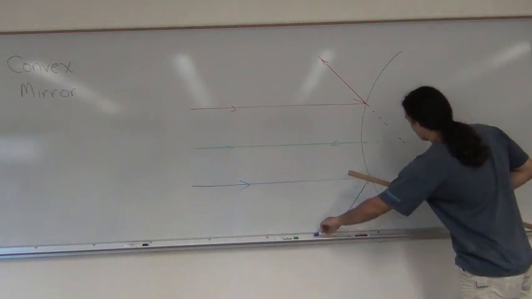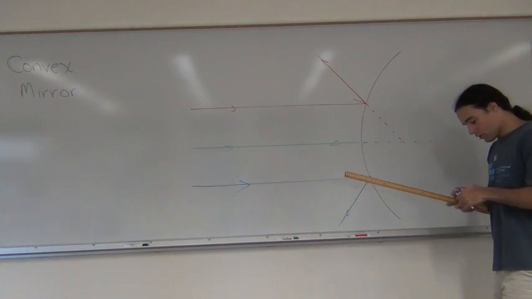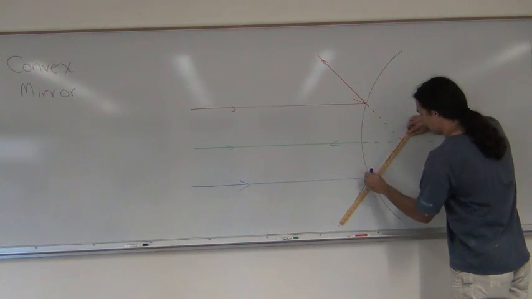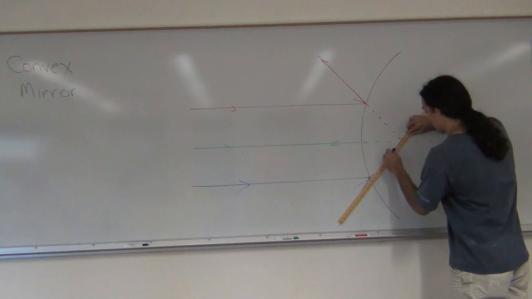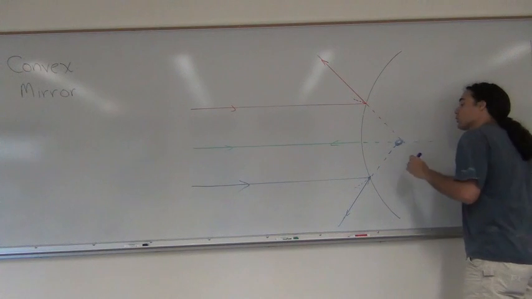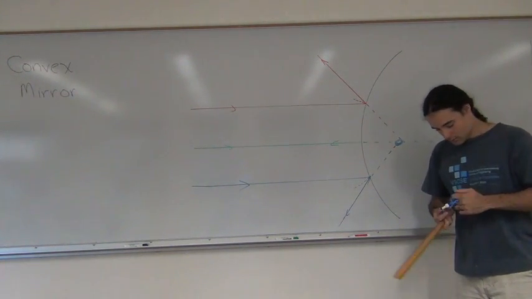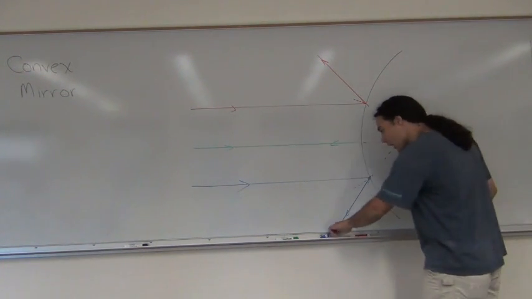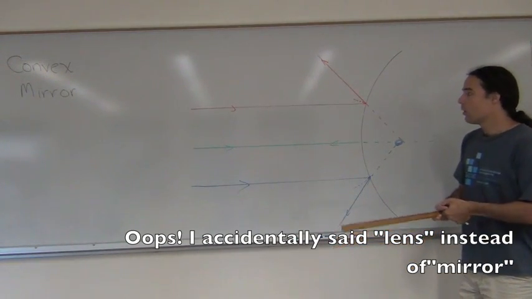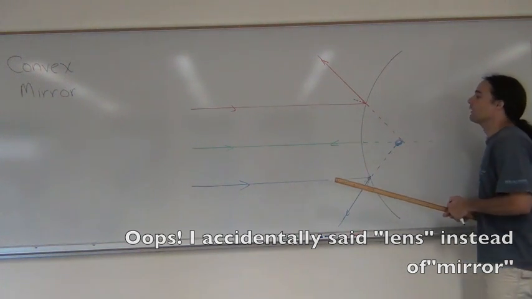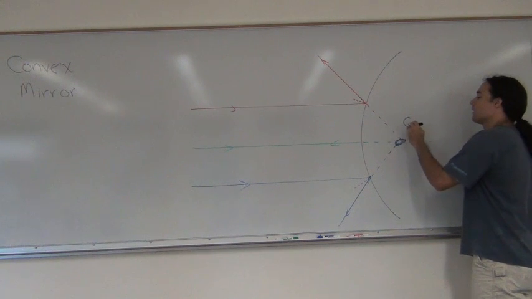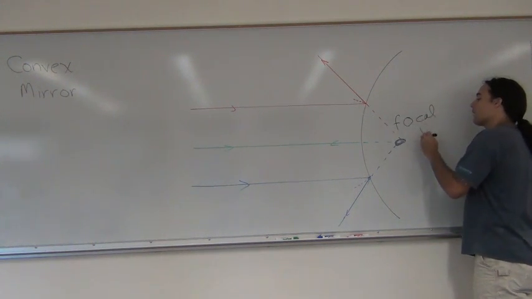And if you've drawn this correctly, if you've drawn it to scale, which I almost certainly have not, you will find that your red, your green, and your blue all intersect at the same point. So for a convex lens, what you find is that your focal point, this point right here, where the red, green, and blue would all intersect, if they continue that far, we call that the focal point.